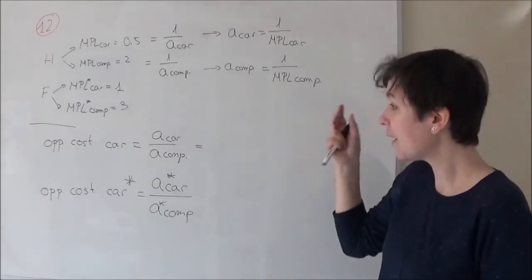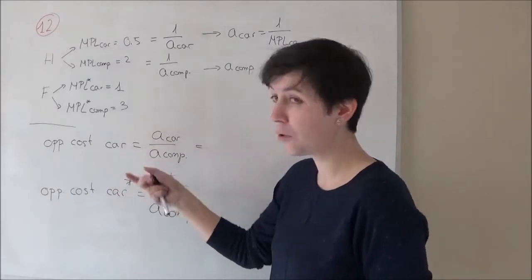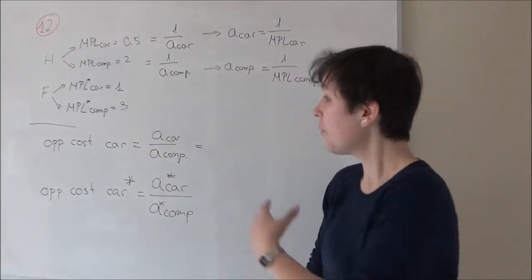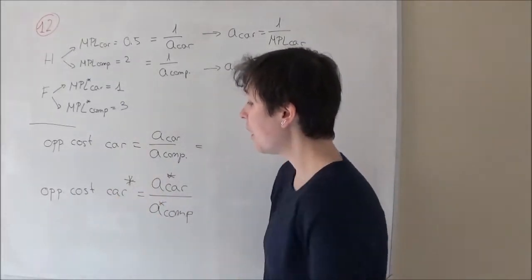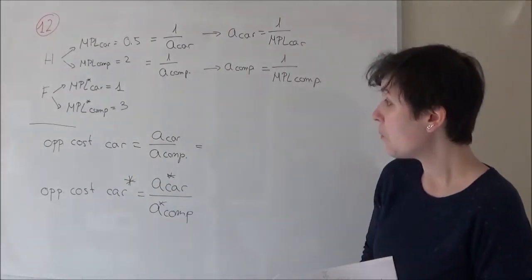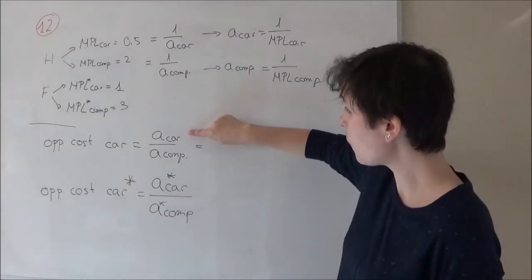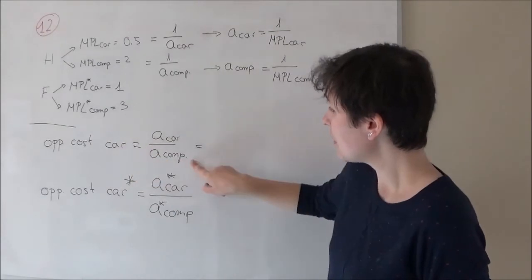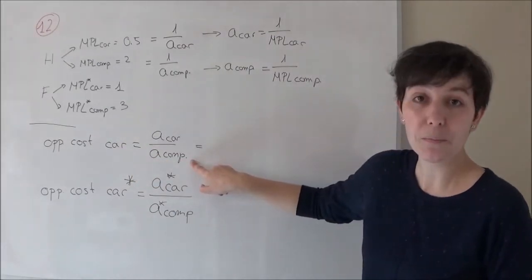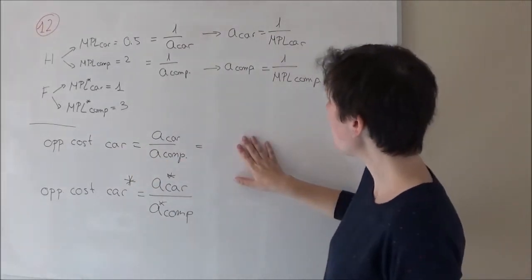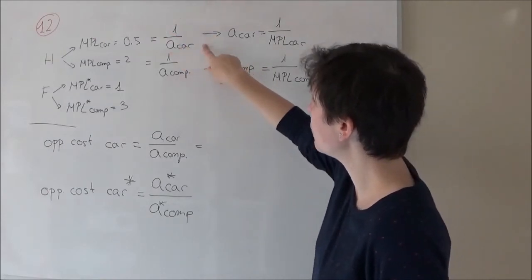So let's do then the opportunity cost of producing 1 unit more of cars, both at home and at the foreign economy. We know that that is the unit labor requirement of car divided by the unit labor requirement of computer in its case. Here we have the inverse value, okay?